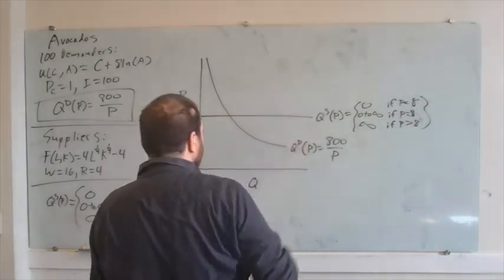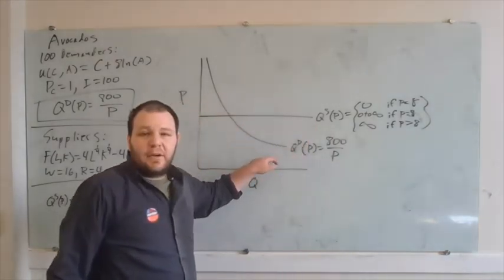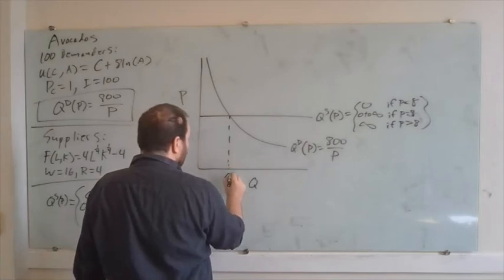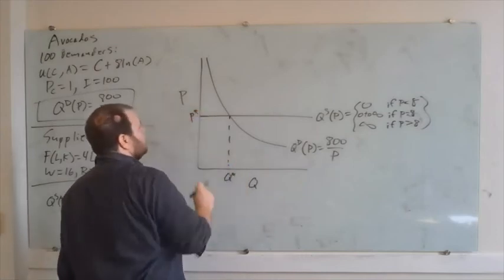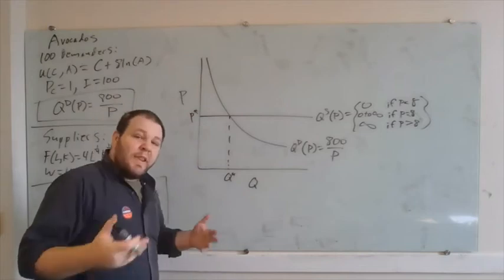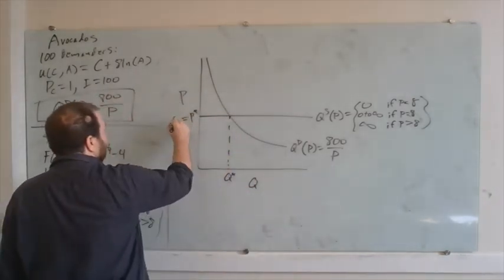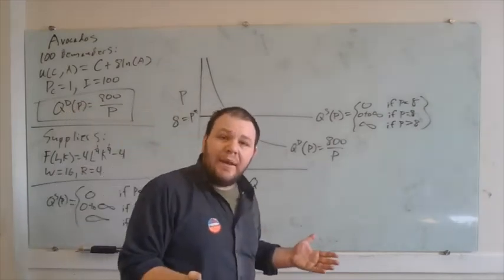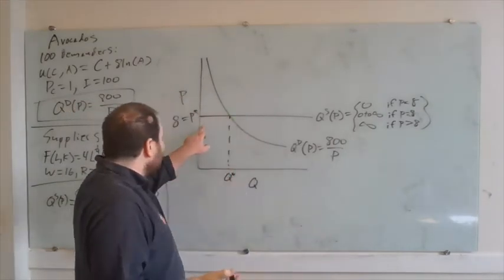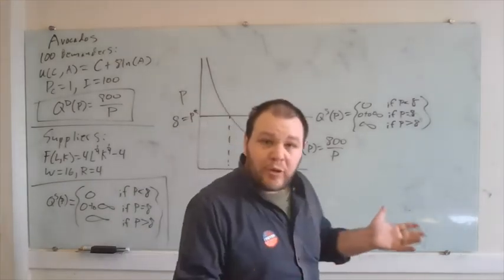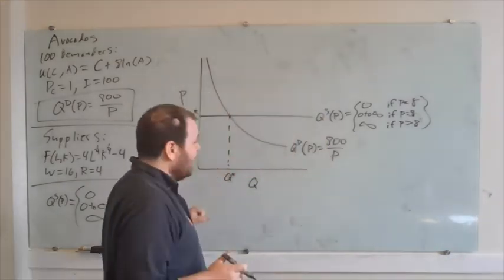Perfectly horizontal supply curve, downward sloping demand curve. And what we're looking for is our Q star and our P star. Well, there's one thing that's obvious right off the bat looking at this graph: our P star has to equal 8. There's no other way. The only alternatives would be to have demand of 0, which we know we're not going to have, or to have demand of infinity, which we're not going to have. So we know that our price is going to be 8.